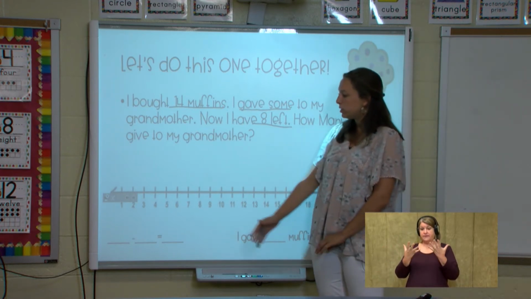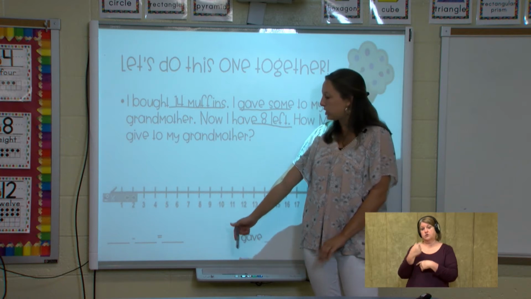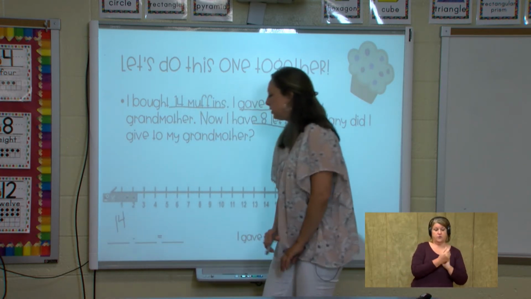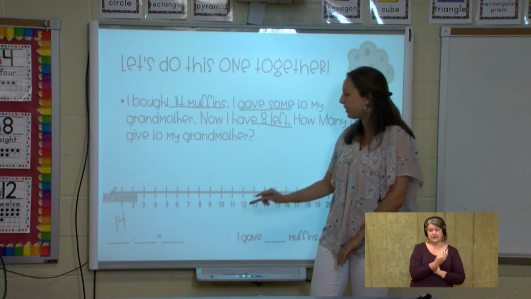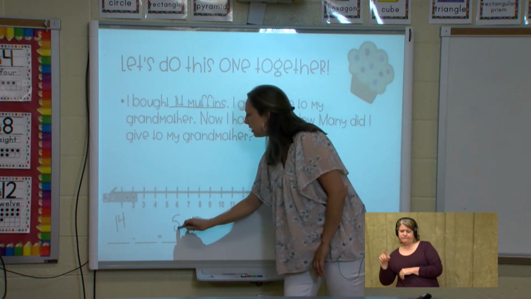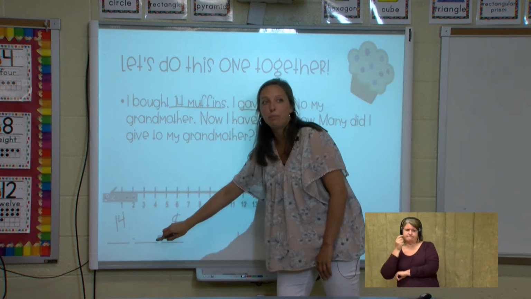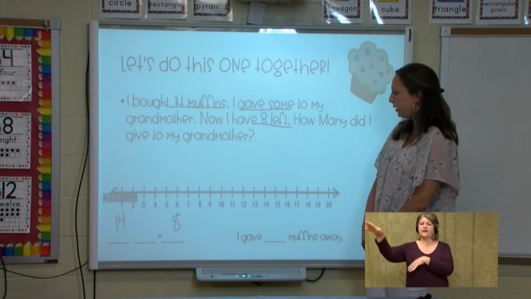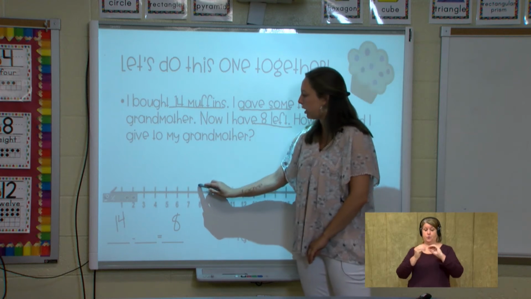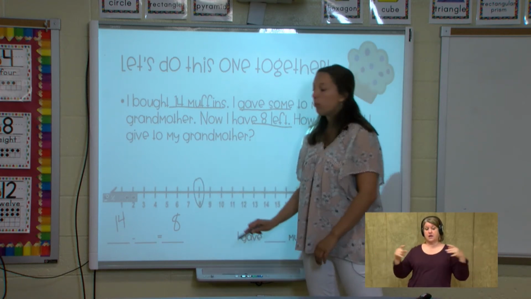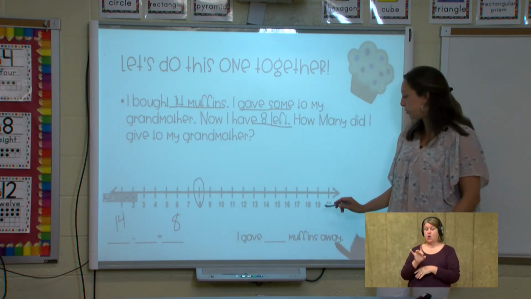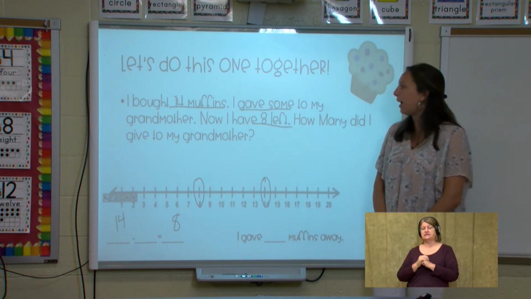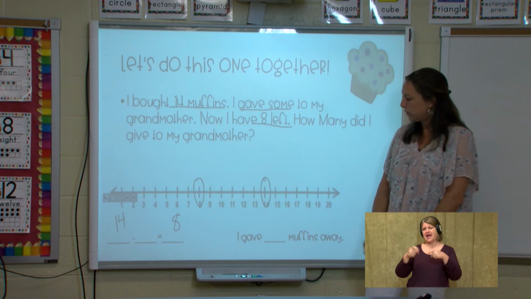Okay, so you always start with the equation. I start with 14, and I'm ending with 8. And I need to figure out how much I gave away. So, with my number line, I'm going to start at 8. We're going to count up to the number 14 to figure out how many I gave away.